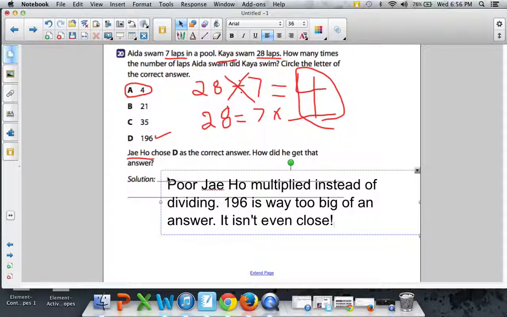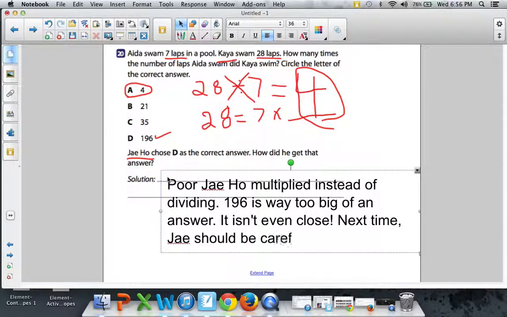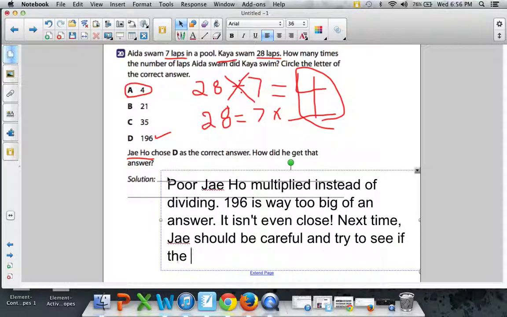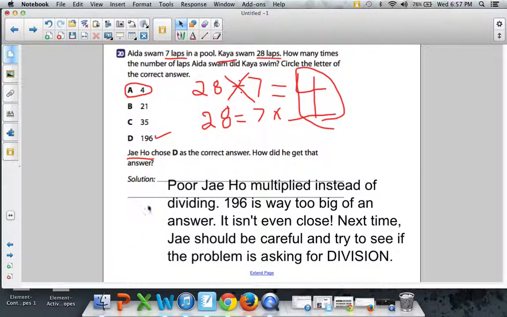Exclamation point. Next time, Jay should be careful and try to see if the problem is asking for division. Division. Let's leave it there. Poor Jay. Poor Jay. All right, guys.